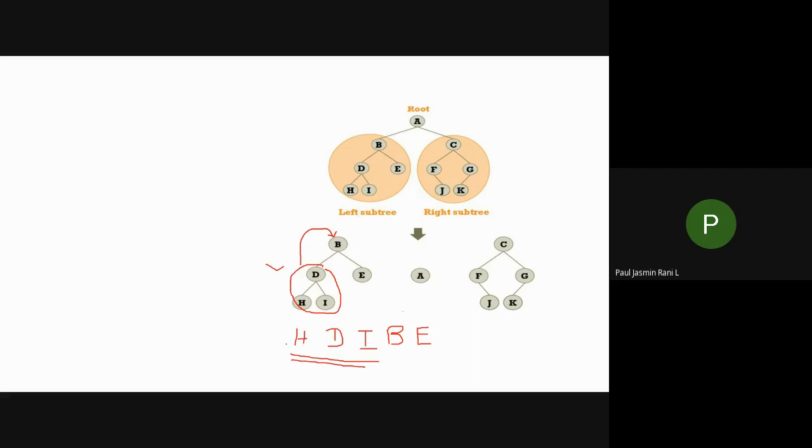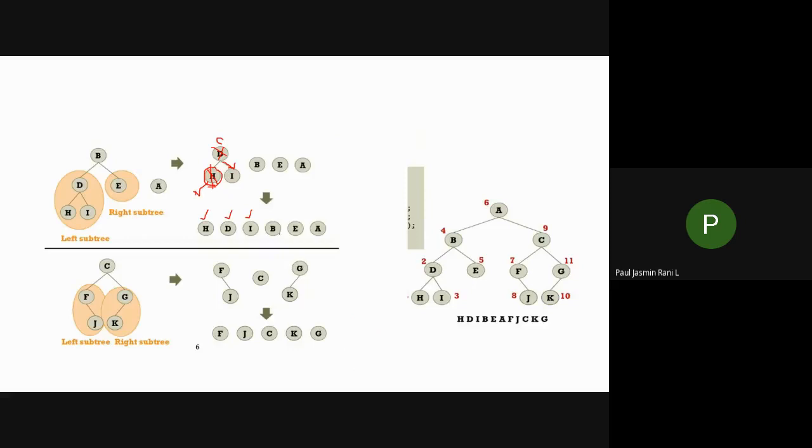Can you follow this one? H, D, I, D, E. So see here, H, D, I, D, E. When the whole part, left subtree and root, everything is over, it means that the root element A of the left subtree gets over.